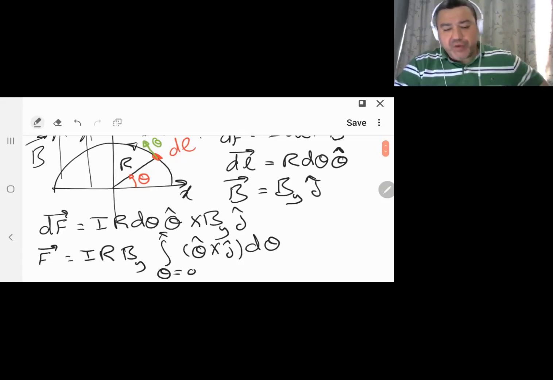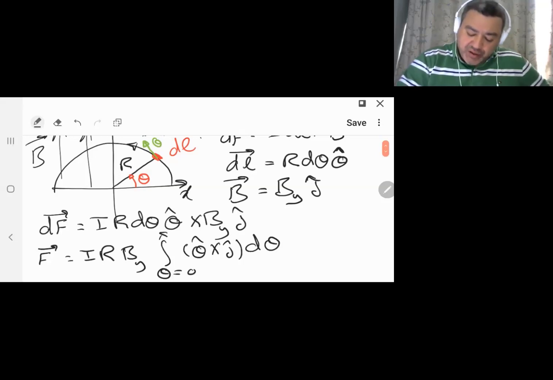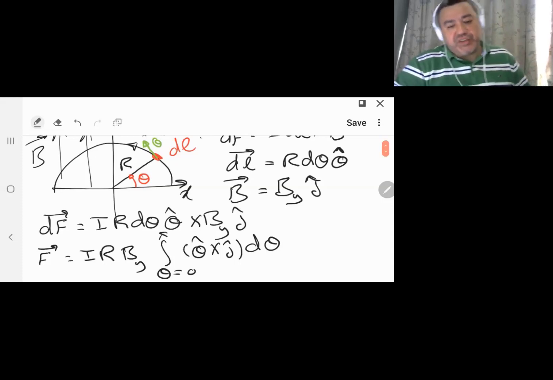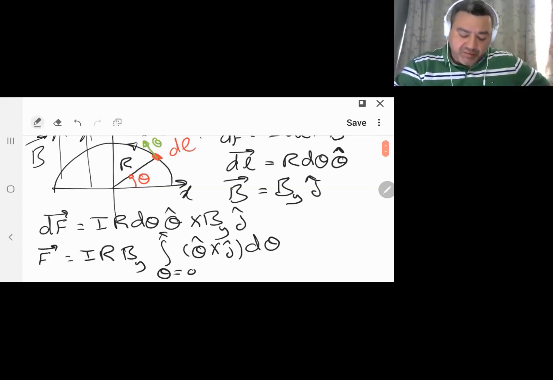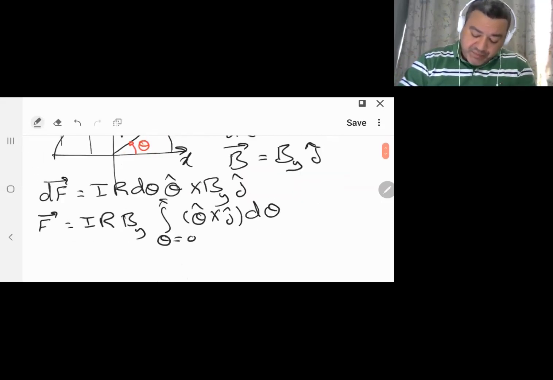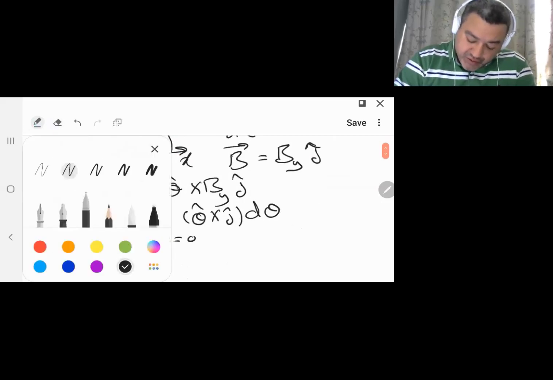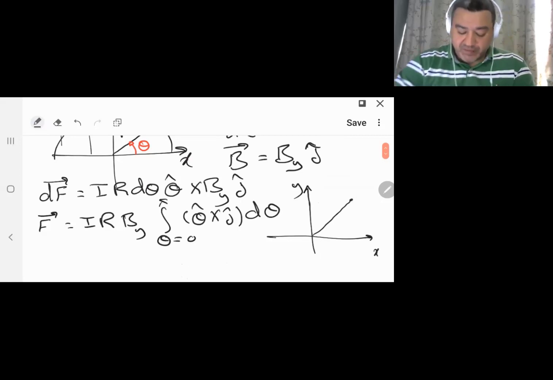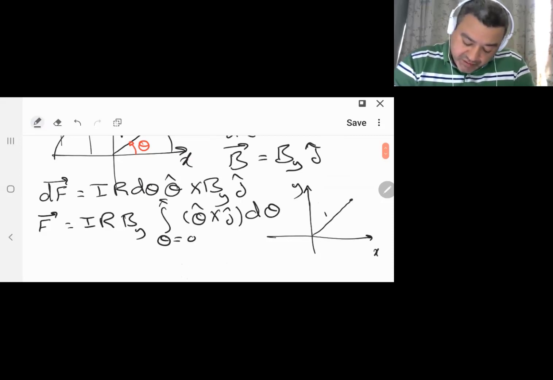Now, how can we calculate theta hat cross j hat? We've seen how to do the cross product between the Cartesian unit vectors i, j, and k. But what about theta hat and j hat? Well, if we zoom in and focus only on those unit vectors, let me take the coordinates x, y, and take this one as my vector r.